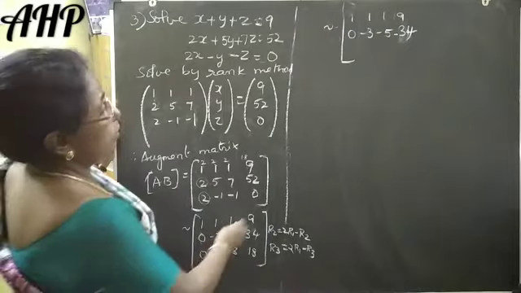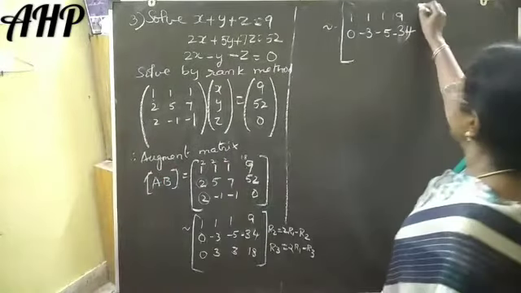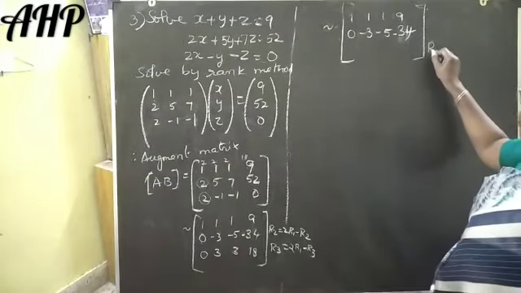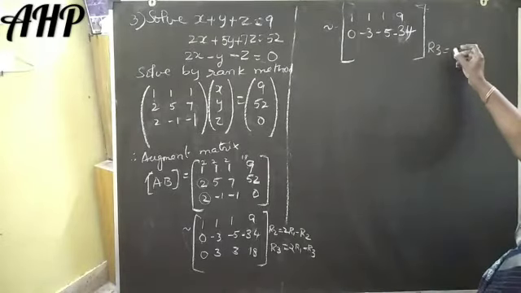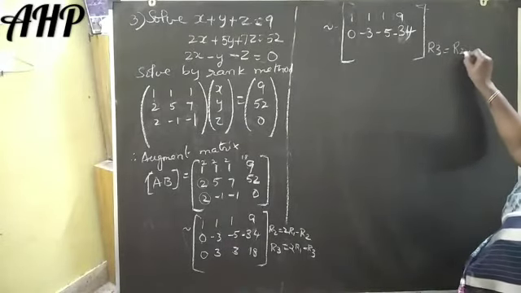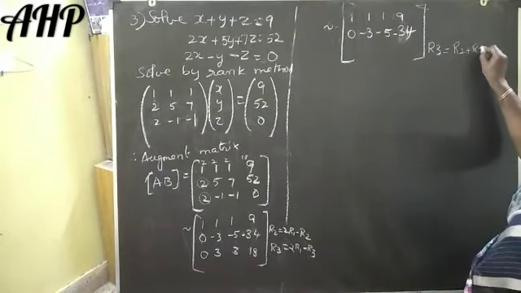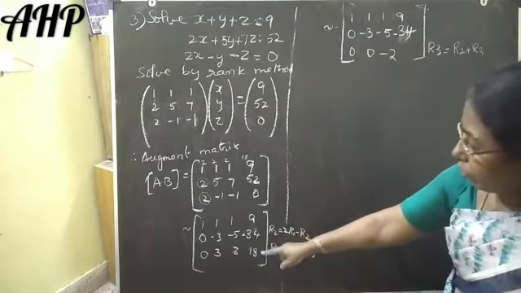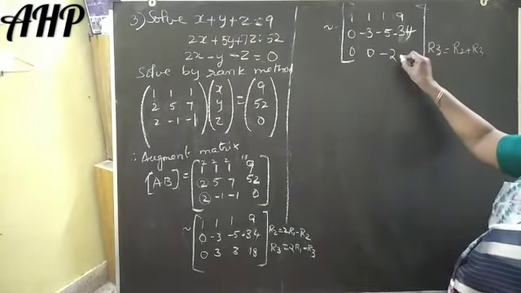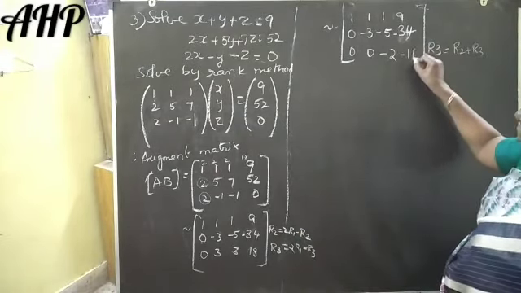Now to make this row cancel, we are going to write R3 is equal to R2 plus R3. So adding these two gives you 0, 0, minus 2, minus 16.